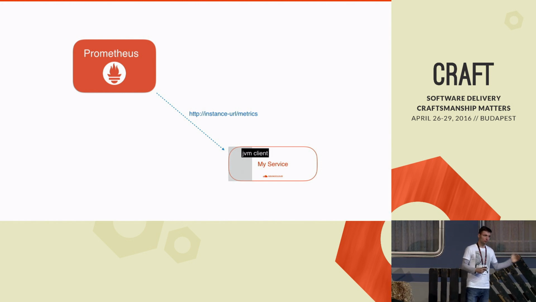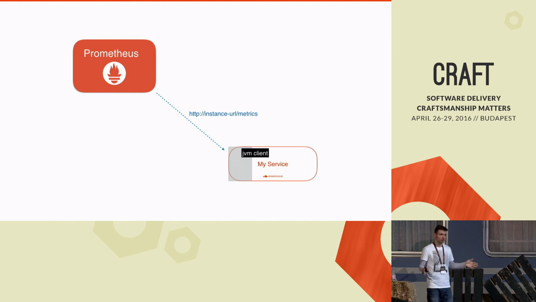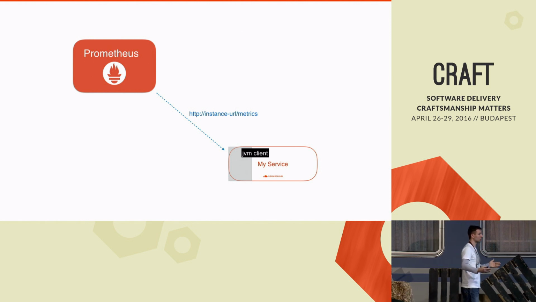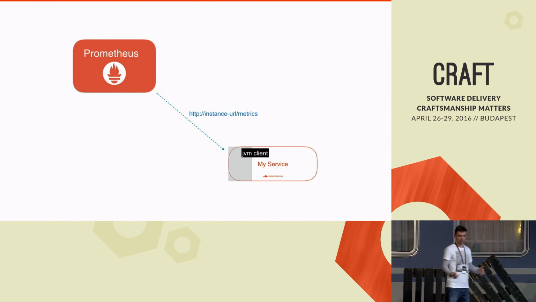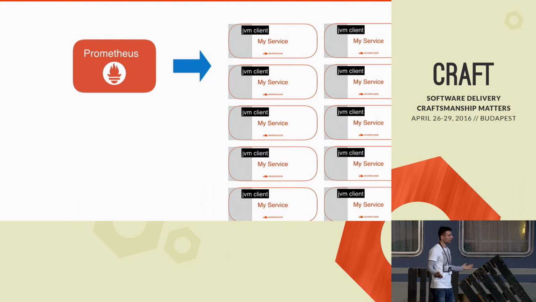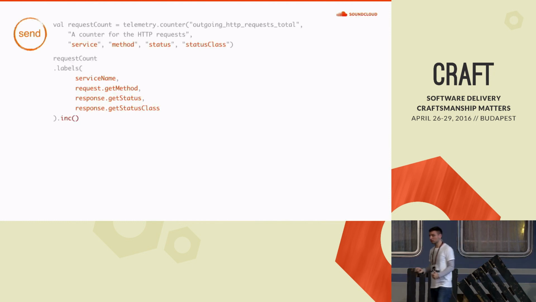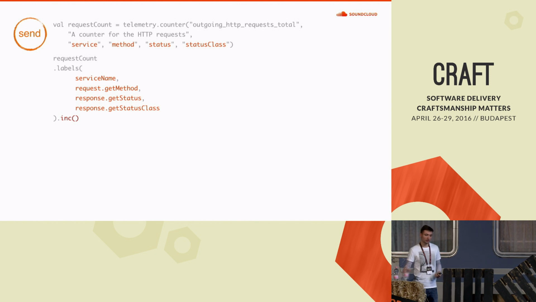Getting this endpoint up is not a problem because Prometheus provides client libraries in various different languages. So as long as you stick to one of those, it is pretty easy to get this endpoint up and running. And of course, Prometheus is able to do this scrape operation for many instances simultaneously. I will also give an example about the multidimensional data model we have.